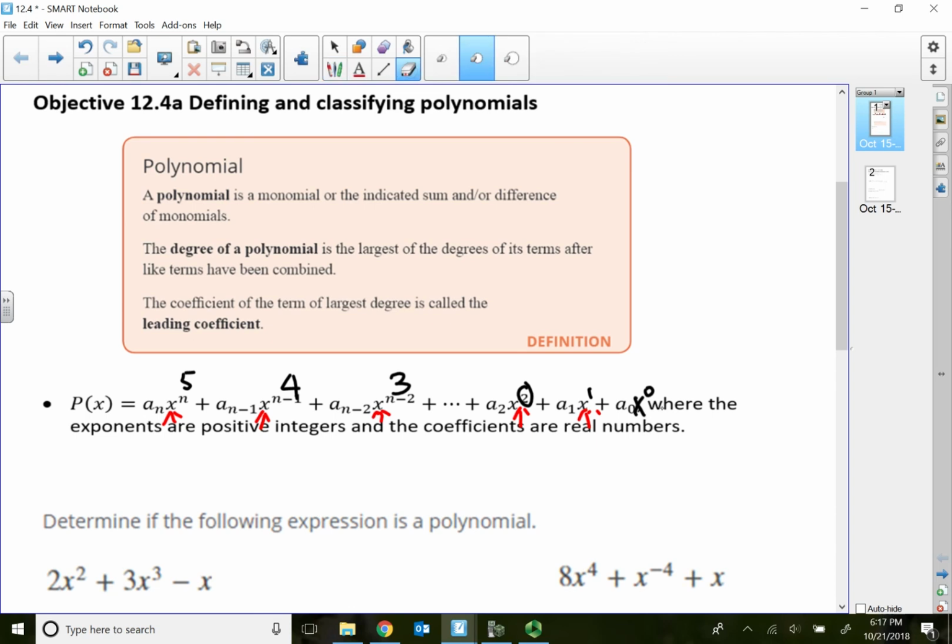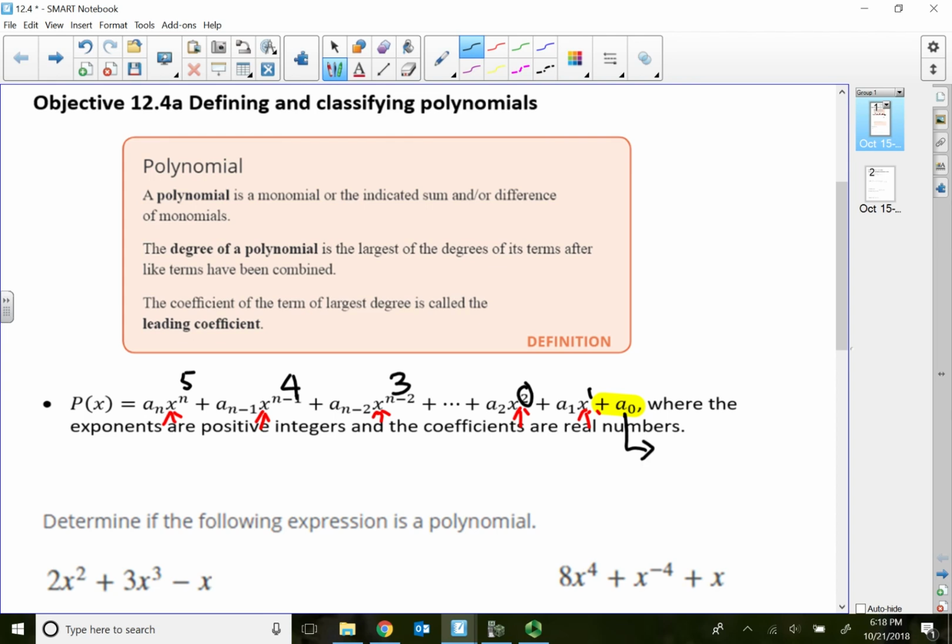So when the exponent on the variable is 0, we normally don't write x to the 0 power. We simply write the very last numerical number. So if you ever see a term in a polynomial where you don't see the variable, it's because that term has x to the 0 power. Normally we put that term at the back, as the very last term.